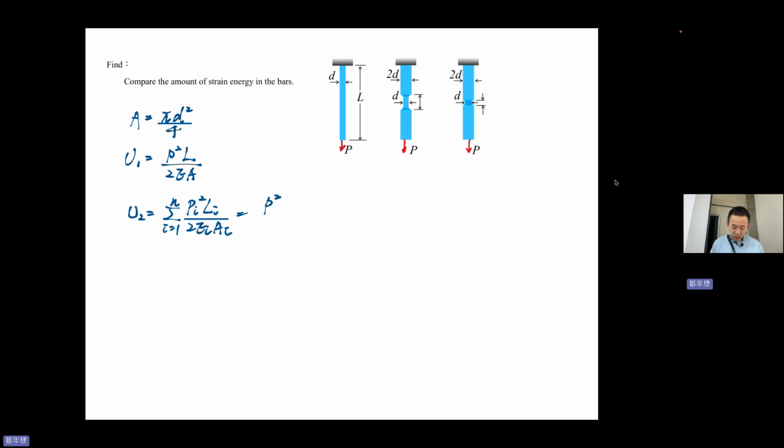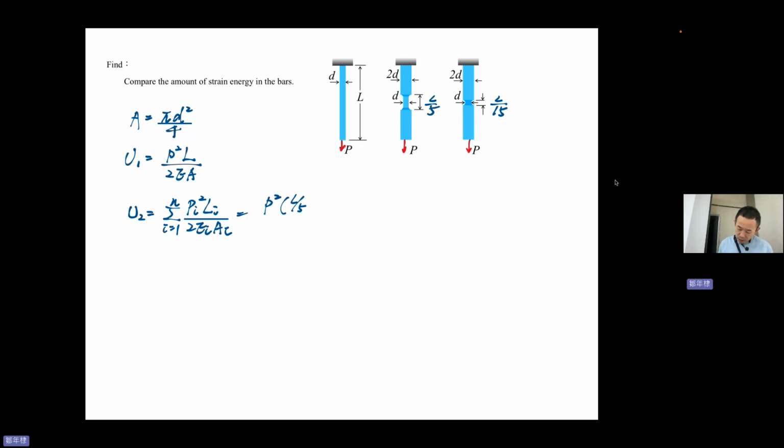So P squared L divided by 5. Oh, sorry, I forgot to help you to do this. The middle part is L divided by 5. And the third case is L divided by 15. Okay?